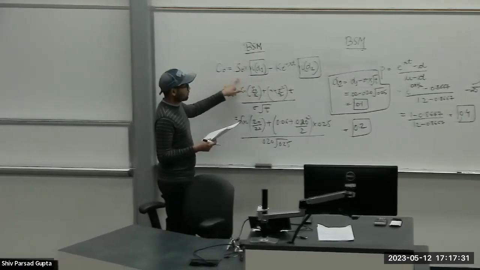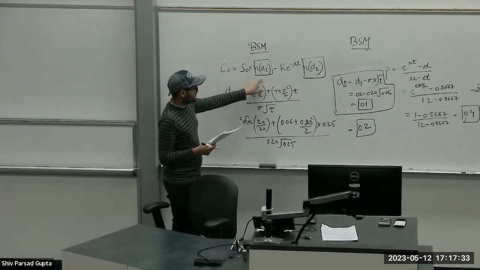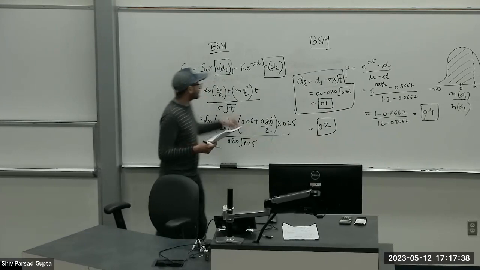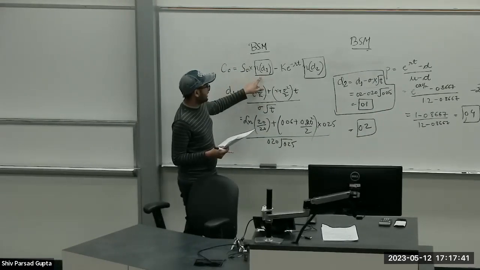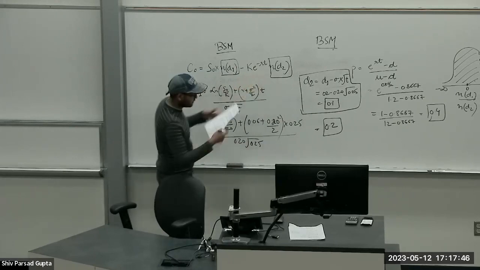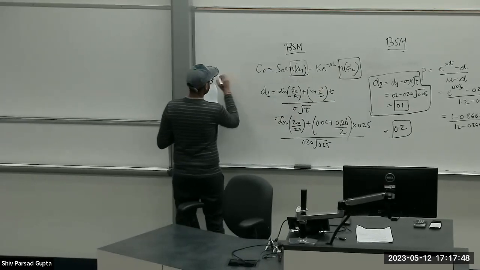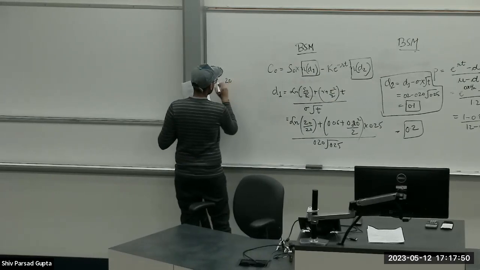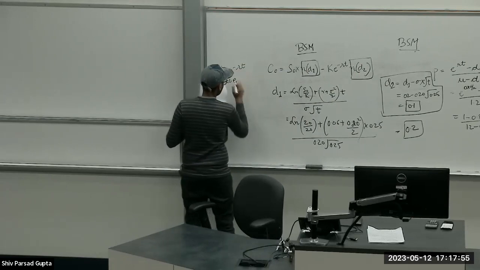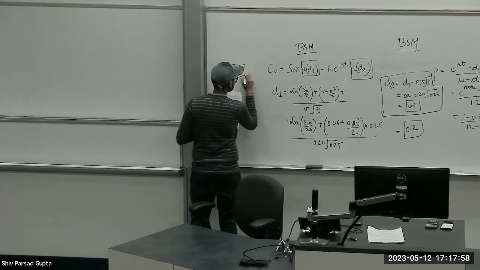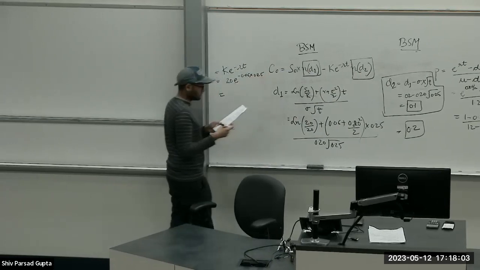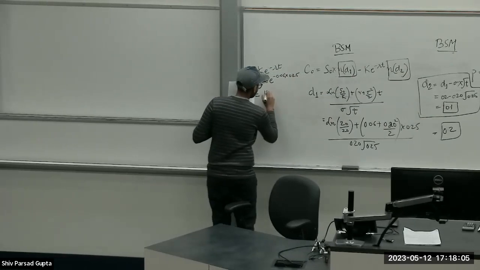So it will be S naught, which is 20, into N of D1, and in the parenthesis it will be 0.2. So 20 into N(0.2) minus K times e to the power minus RT. That's what is left to calculate. We have been given K is 20, right? e to the power minus 0.06 into 0.25, if you calculate this, you will get 19.7.